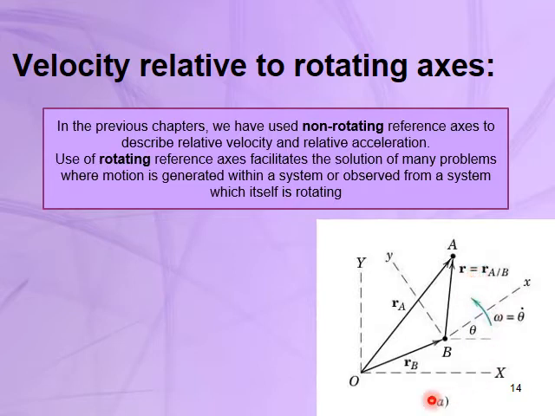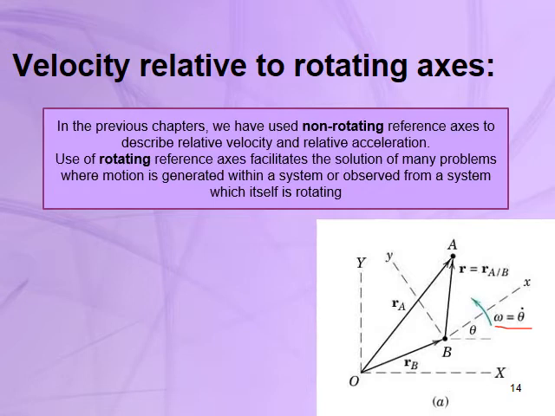For example, in this shape you can see we are monitoring the motion of point A using the relative coordinate system lowercase x and y, which is a rotating coordinate system, and the angular velocity for this coordinate system is theta dot.